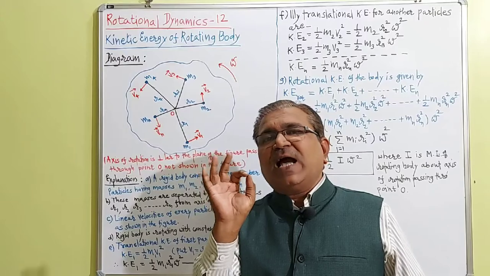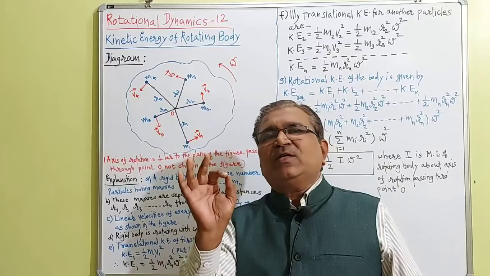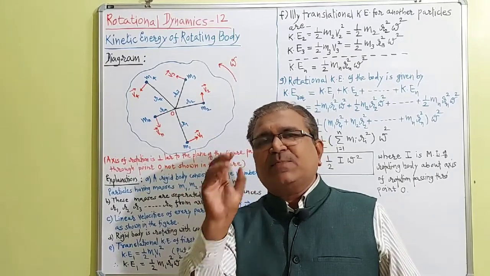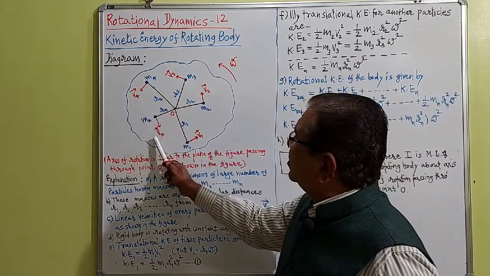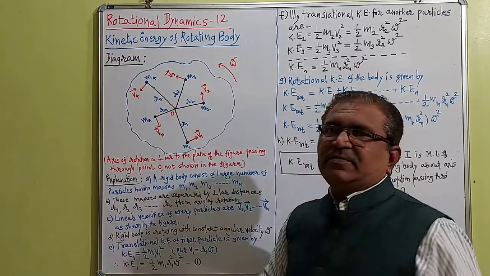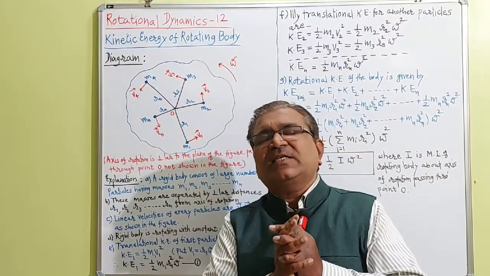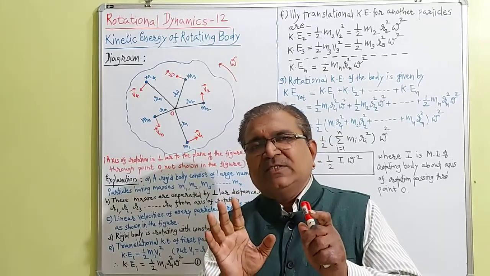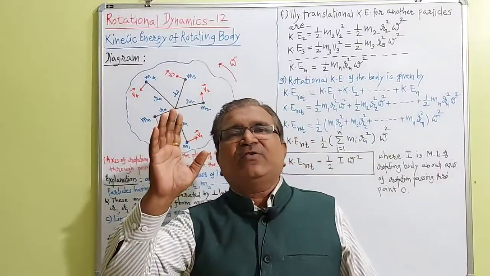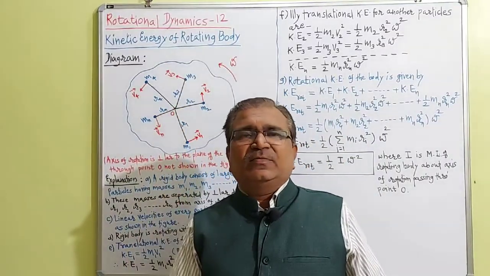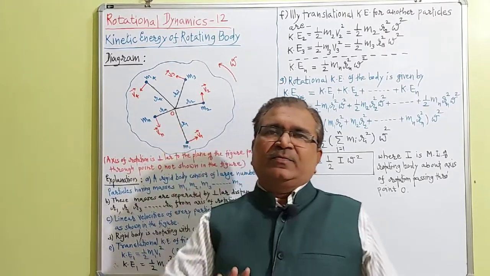Each particle has its own linear velocity, so the linear velocities of the particles are supposed to be v1, v2, v3, v4 ... vn. This is the description of the rigid body, which is rotating in the anti-clockwise direction with constant angular velocity omega. Then take a single particle of mass m1.